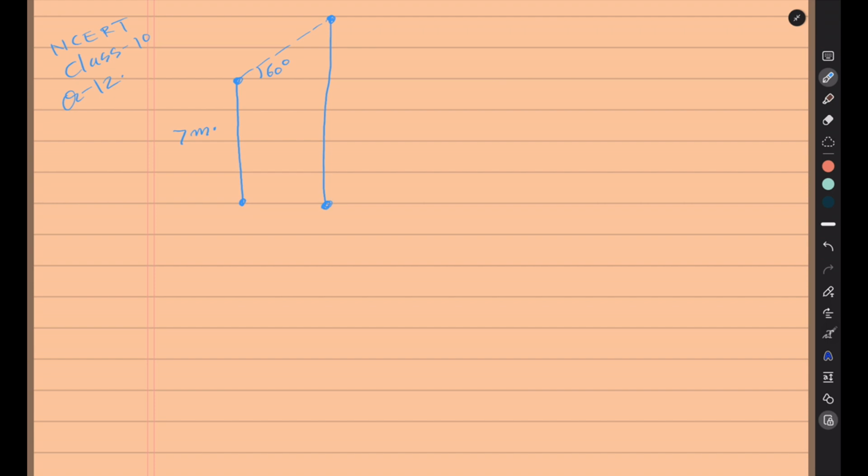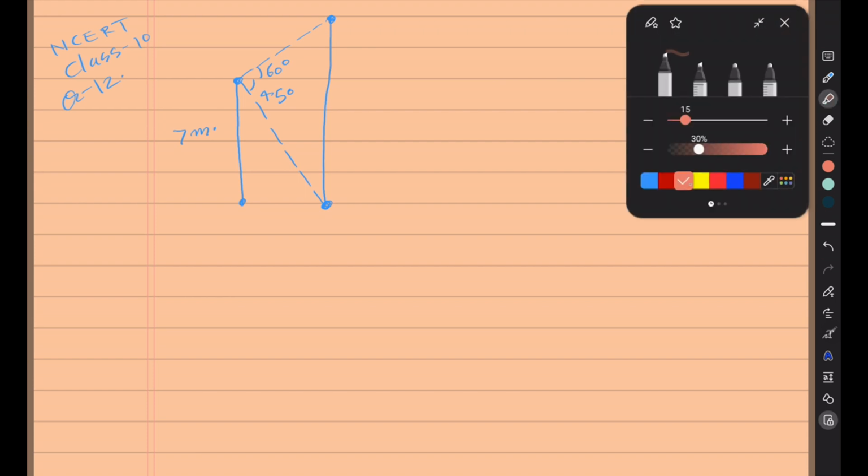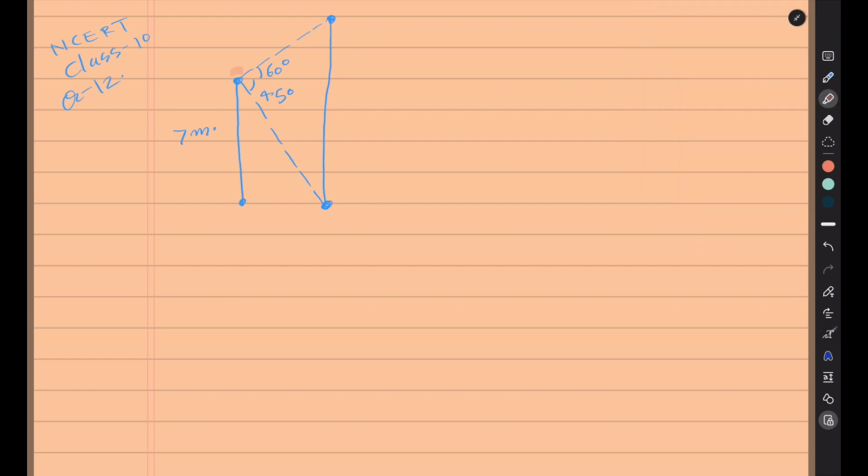Here is the foot. So what will be the angle of depression? This will be the angle of depression, because our observation point is this one. So angle of elevation is 60 degree, angle of depression is 45 degree. So this is how we can make the diagram. So let us just go further with that.